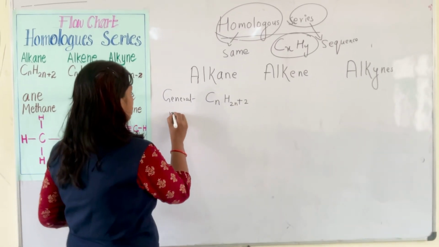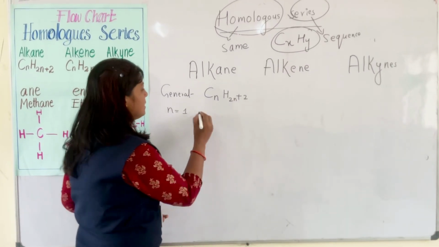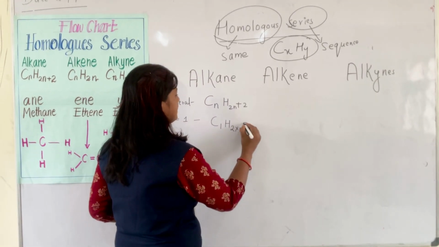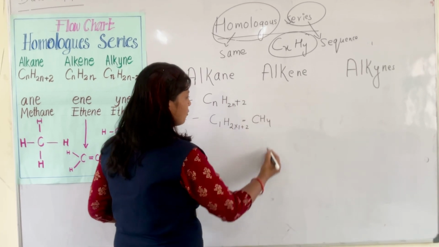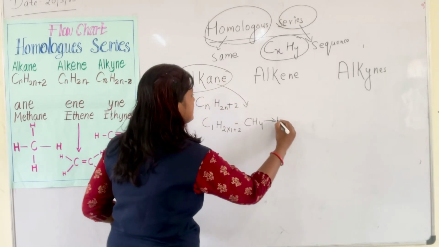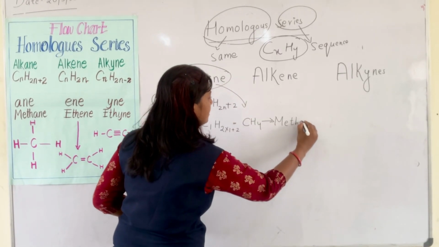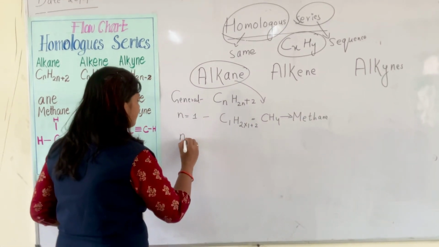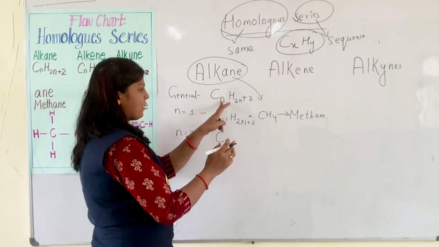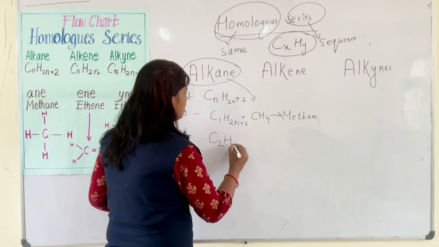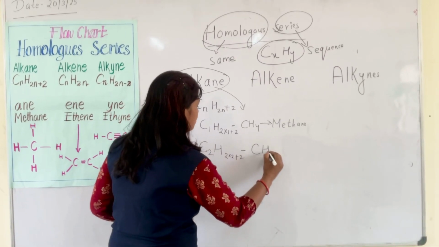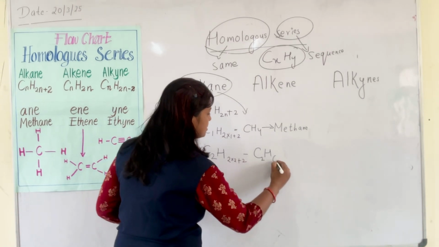Here, what do you mean by n? n is nothing but the number. If I put n equal to 1, here C1, H2 into 1 plus 2, that is equal to CH4, which is the first member of alkane, that is methane. Now if I put n equal to 2, substitute 2 in place of n: C2, H 2 into 2 plus 2, that is 4 plus 2, 6.